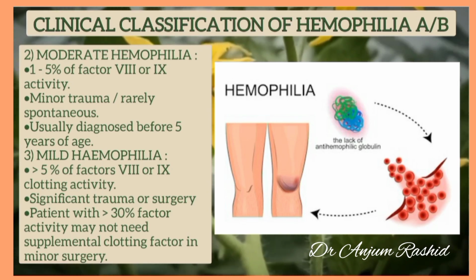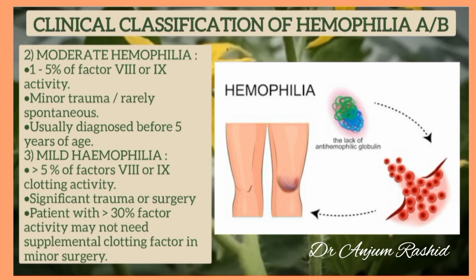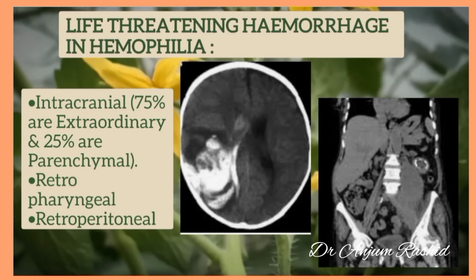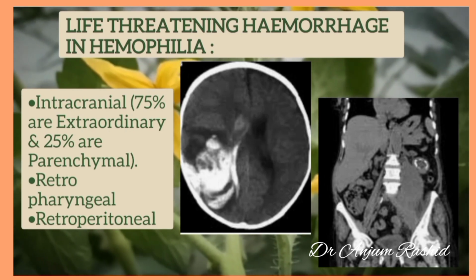Now, here it is important to mention that a patient with 30% factor activity may not need any supplemental clotting factors in minor surgeries. Now, life-threatening hemorrhage in hemophilia occurs at 3 sites: intracranial, retropharyngeal and retroperitoneal.